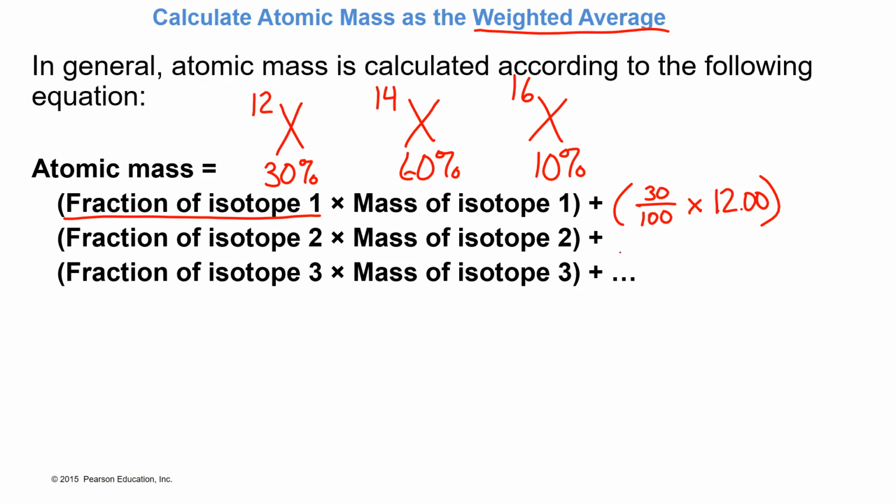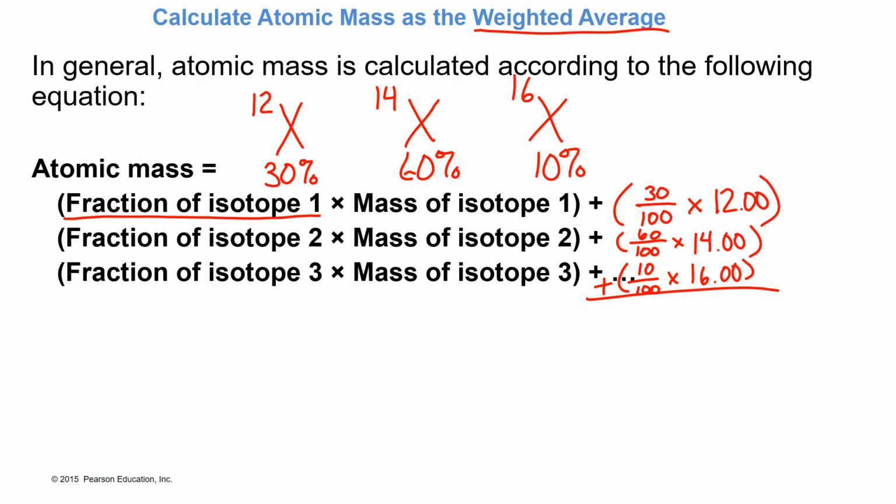That's my isotope 1. I'm going to add it to isotope 2, which is 60 over 100 times 14.00. And then isotope 3, in this case, is 10%, so 10 over 100. And then I'm going to add that together.